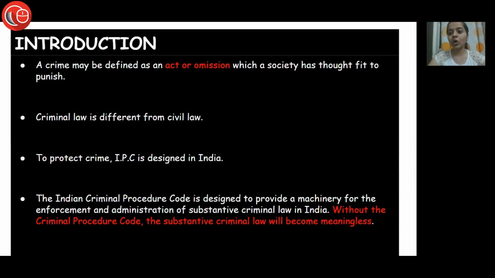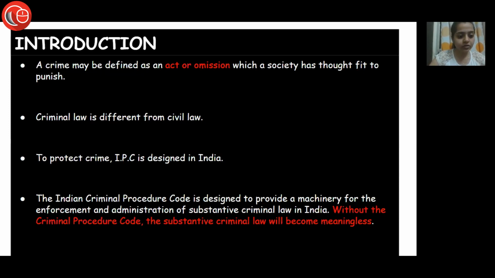While a criminal law is always against the state, against the society as a whole, a civil law is always against an individual, or maybe an organization, but never against the state. So criminal law is different from civil law, and that is why we are studying a different procedure for criminal law, and there's a different procedure altogether for civil law, and that is the Civil Procedure Code.